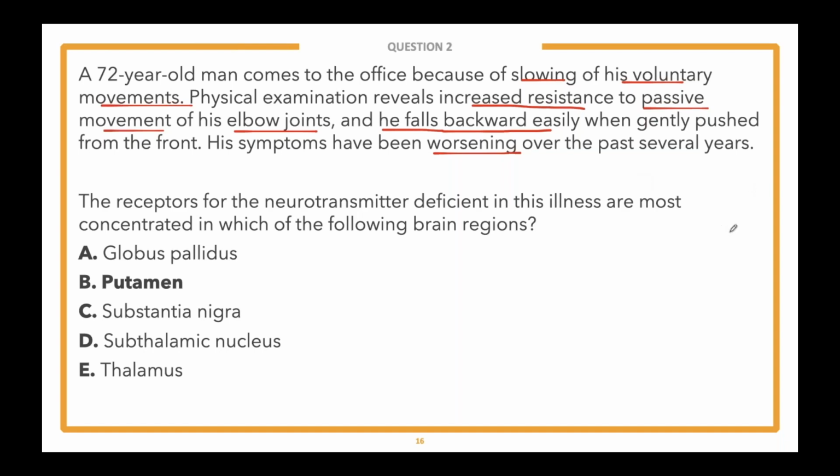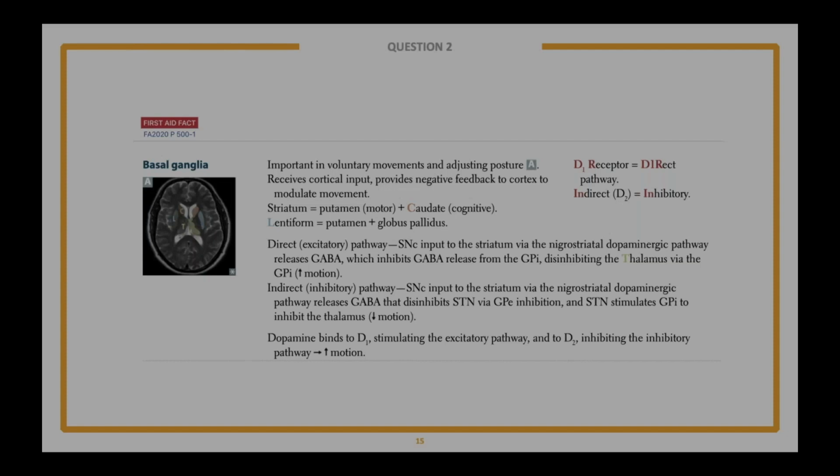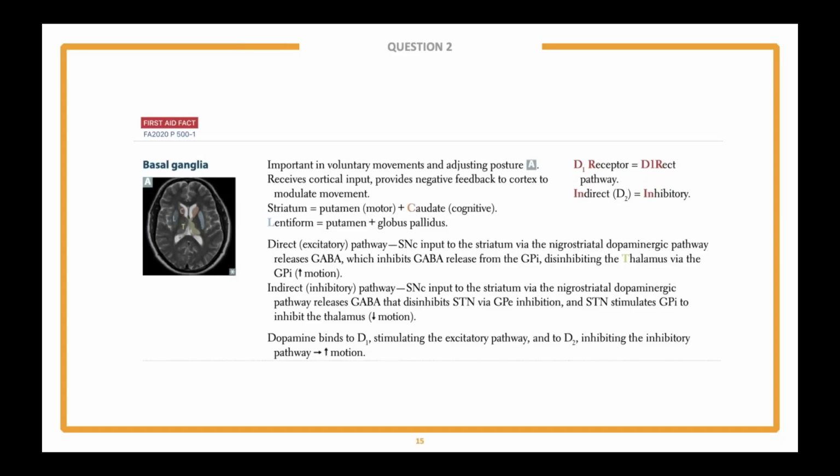But this question asked us where the receptors for the neurotransmitter are most concentrated. It did not ask us, okay, where the neurons are, and we're going to talk about that more in detail in just a second. So the main dopaminergic pathway in the basal ganglia is the nigrostriatal pathway. Okay, it's the nigrostriatal pathway.